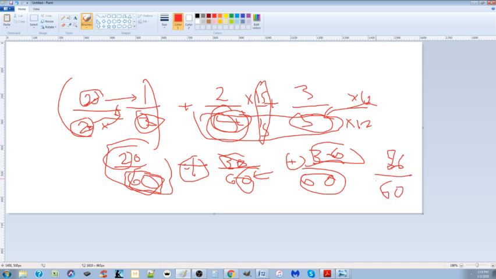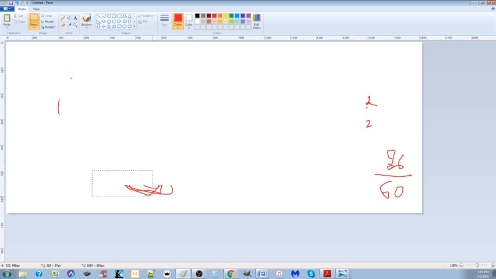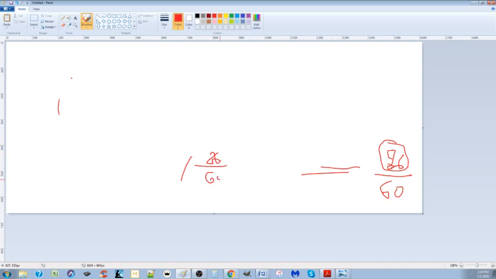You're now allowed to simplify that fraction because 86 is higher than 60. How many times does 60 go into 86? Well, I can only put 1 in. So this fraction is now equal to 1. If I take 60 out of this, what am I left with? 26 over 60. Is that the simplest form of that?